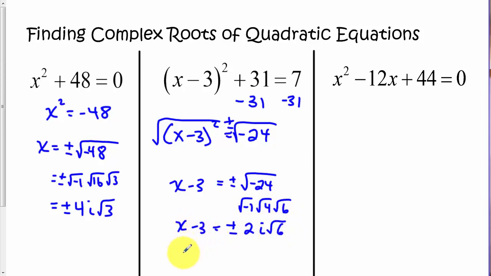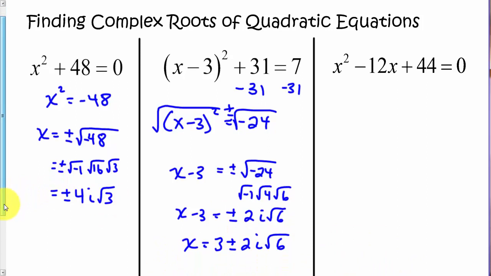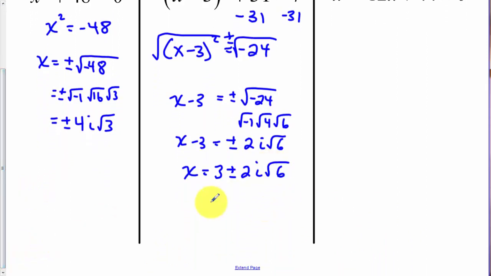And now we need to get the x by itself, so we're going to add 3. This is a real part, this is a complex part, so to make it look like the standard form of a complex number, we will be putting it into the standard form for a complex number. Now this again represents two numbers, and it's an important part here with complex numbers.